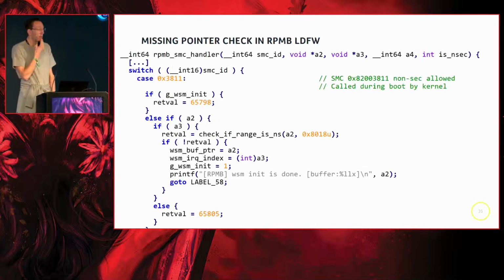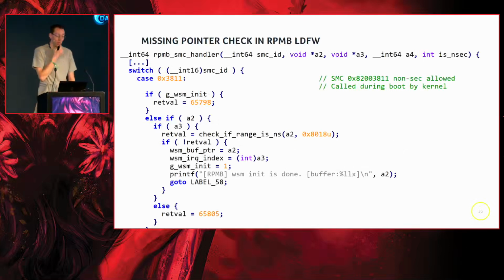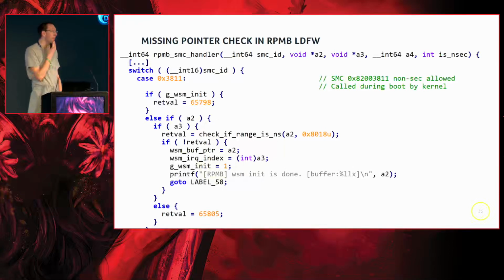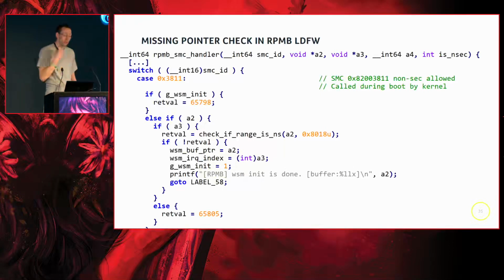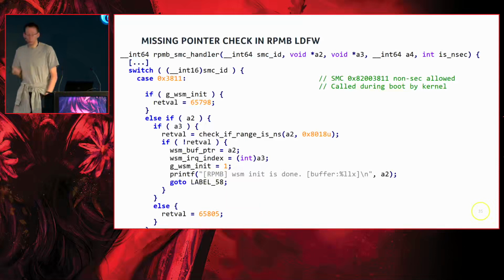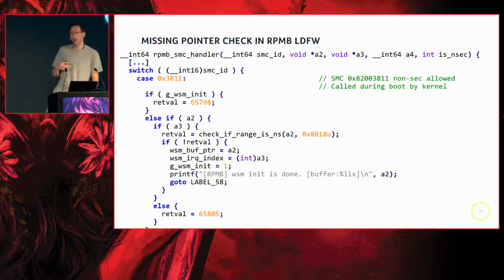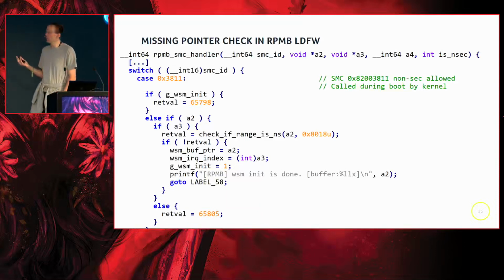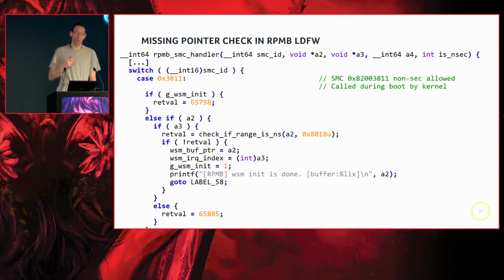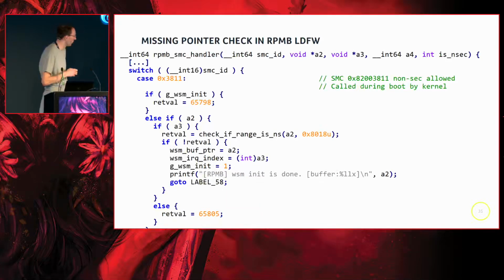So we start with looking at the RPMB loadable firmware. One of the first things you need to do is register some memory that you are going to share between the secure and the non-secure world. Somewhere during the boot process, the Linux kernel will issue an SMC to say, this is where I want to have this shared memory.